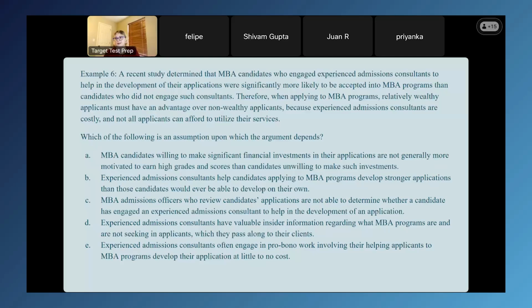Perhaps they're saying only wealthy people have an advantage because who would spend more than X% of their income or assets on a consultant? But for some people the percentage is way higher and they're not particularly wealthy, but they will spend all the money they have on a consultant just because they really want to get into the school, if that makes sense.